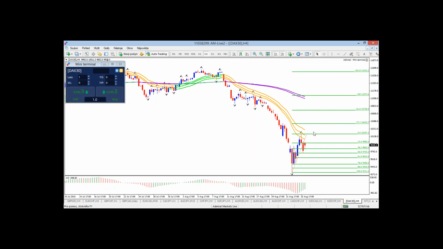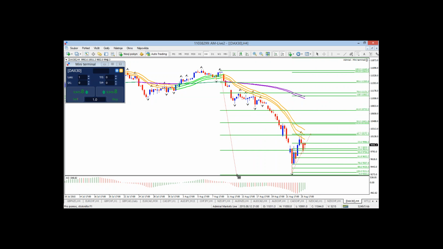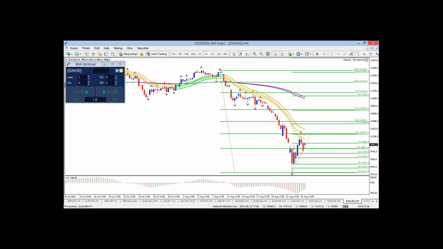I wouldn't expect much more, in fact. 10,400. Yeah, I don't expect a break either, indeed. Could get one more push down, maybe to the 61.8 fib, and then rally up to the minus 272 target. Then I would expect again downside from this level, which is the 50 fib as well.